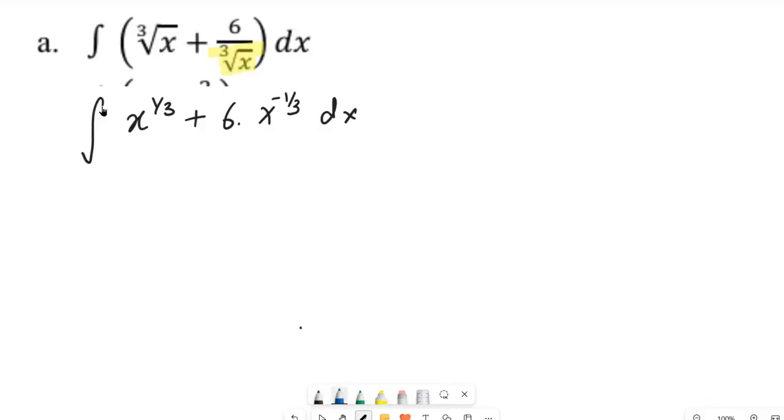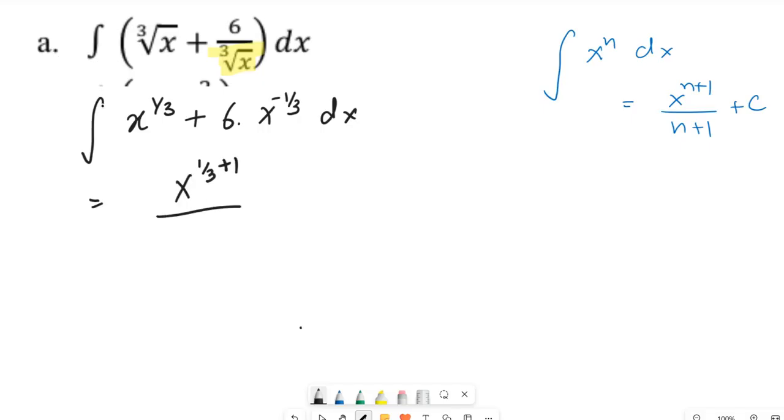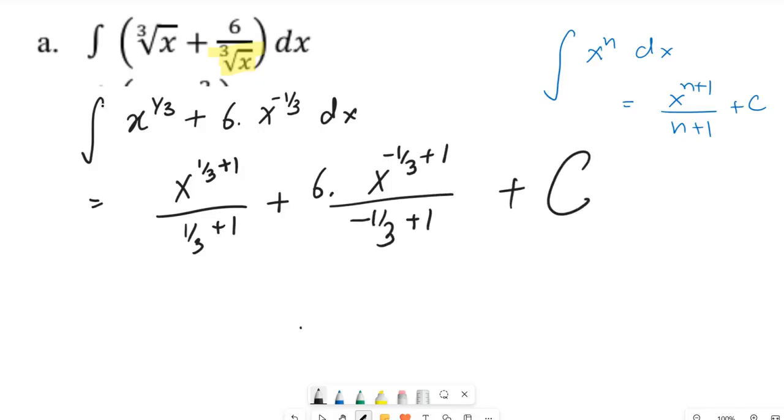So the rule which we are going to use here is the integral of x to the power n, which is power add 1 divided by the new power, plus c. So here, 1/3 plus 1 divided by the new power, plus 6 is a constant multiplier, keep it on the side, negative 1/3 plus 1 divided by negative 1/3 plus 1, plus always add a c at the end of the problem.